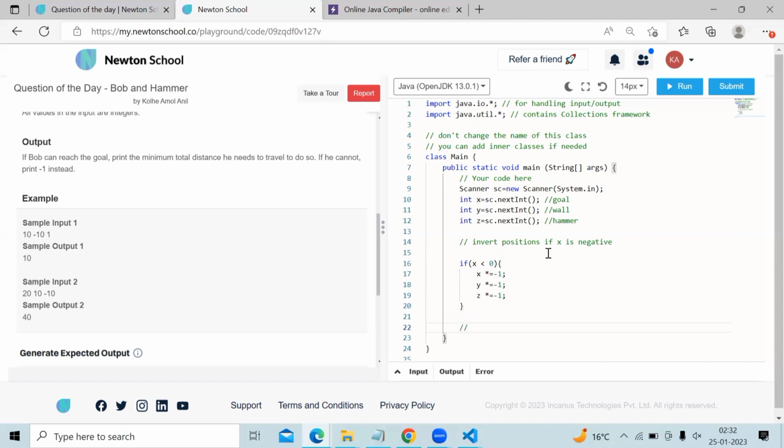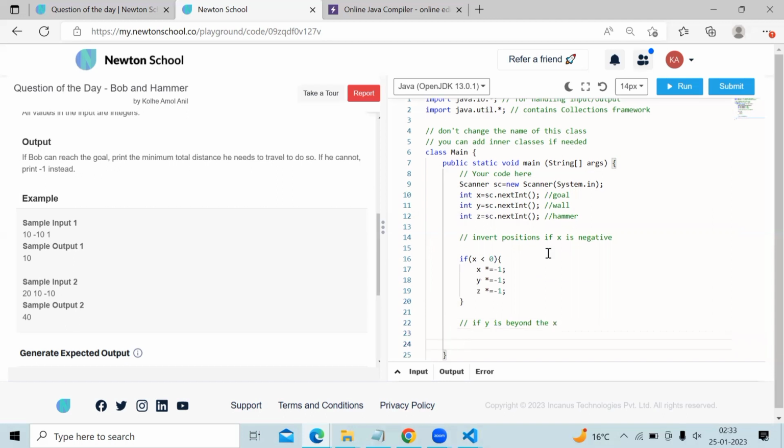Okay, now we have to check if the wall or y is beyond the x. We'll write the condition if y is greater than x, or y is less than 0.